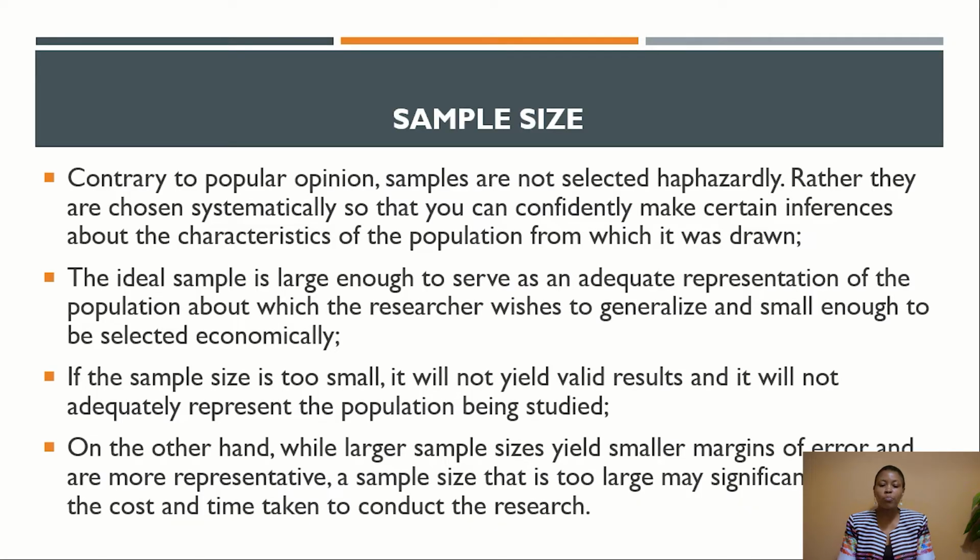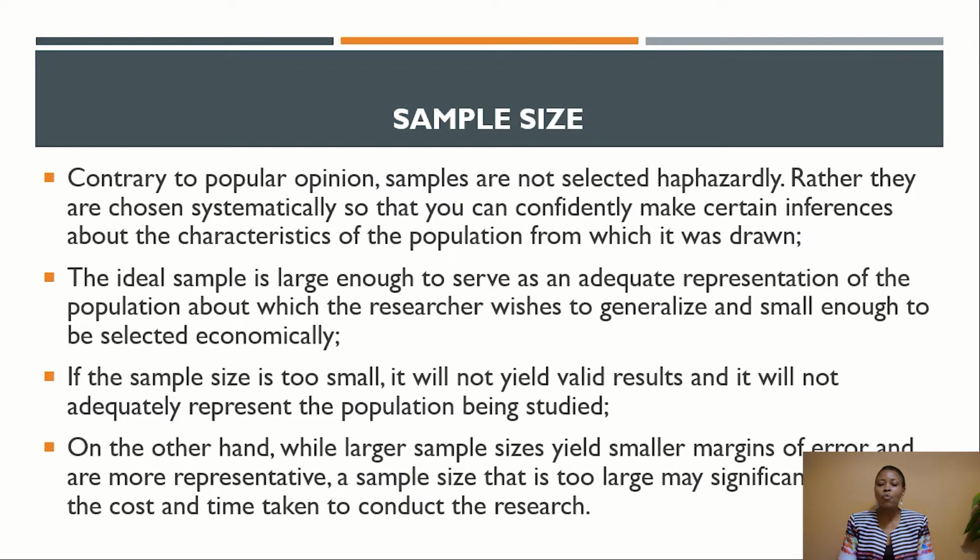Contrary to popular opinion, samples are not selected haphazardly. Rather, they are chosen systematically so that you can confidently make certain inferences about the characteristics of the population from which it was drawn. Note that we study a sample and then we make generalization to the population.